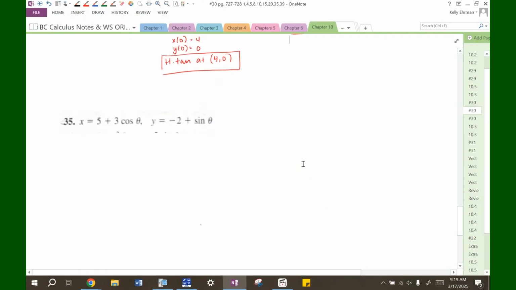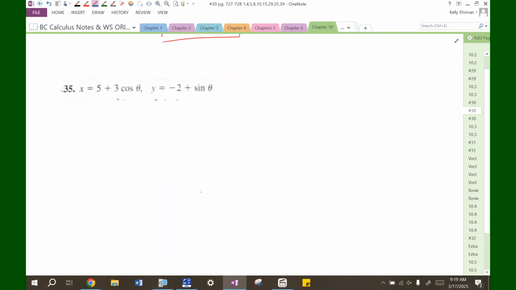All right, number 35. So same thing, let's find dy dx. So dy would just be cosine theta. Dx would be -3 sine theta. So dy dx, actually I'm just going to leave it like that because I could change it to -1/3 times cotangent, but I'm just trying to solve when each of these is equal to 0, so maybe it's nicer to have it as a fraction.